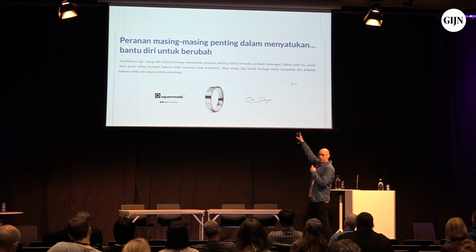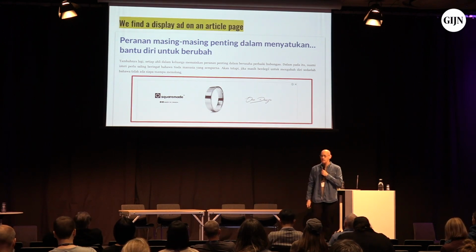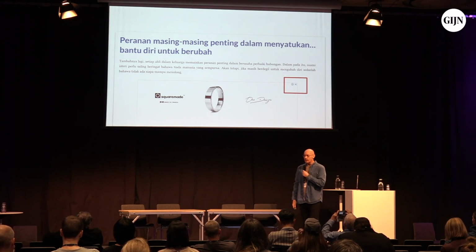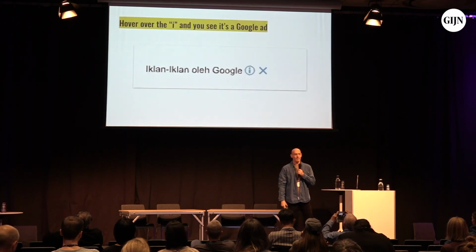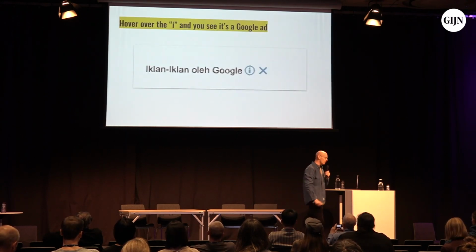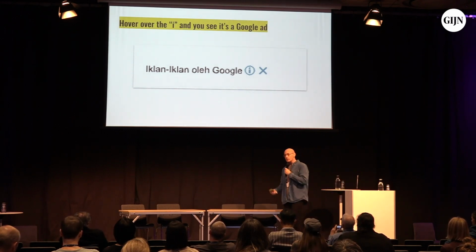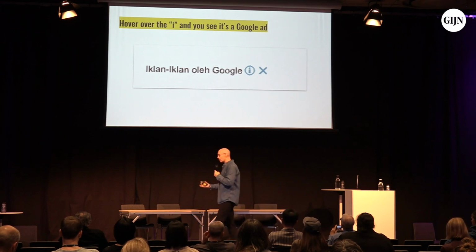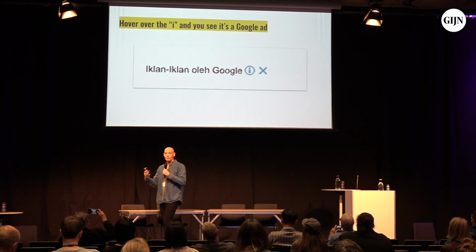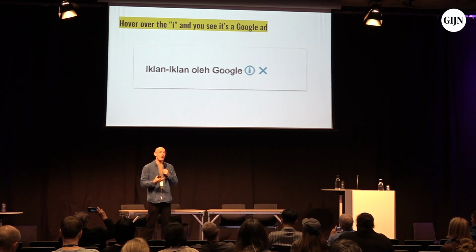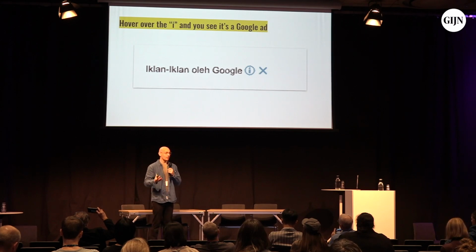When we look at it, all we have to do is hover our mouse over the little I for information, and it tells us that this ad has been placed by Google. There is an industry standard called AdChoices that requires programmatically placed ads to have some disclosure about the ad network that has placed it and to give you some information about that ad.